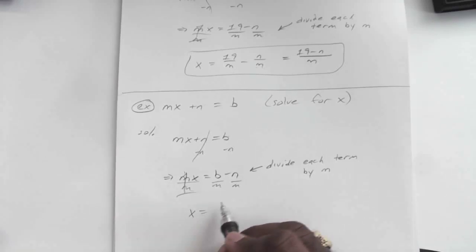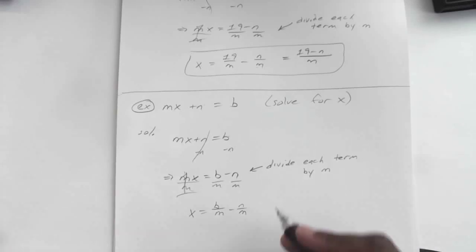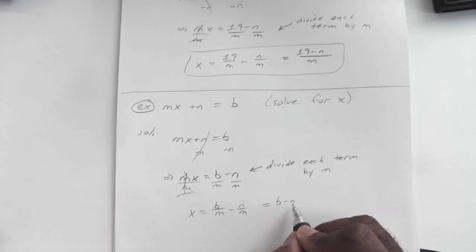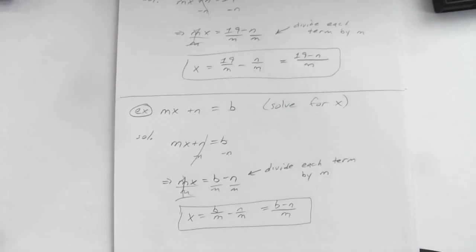So you have x equals b over m minus n over m, or you can make it b minus n over m. So these are the situations where you'll have absolutely 0 numbers, and they'll ask you to solve for a variable. All right, any questions on this one? I'll leave that up there for a second.